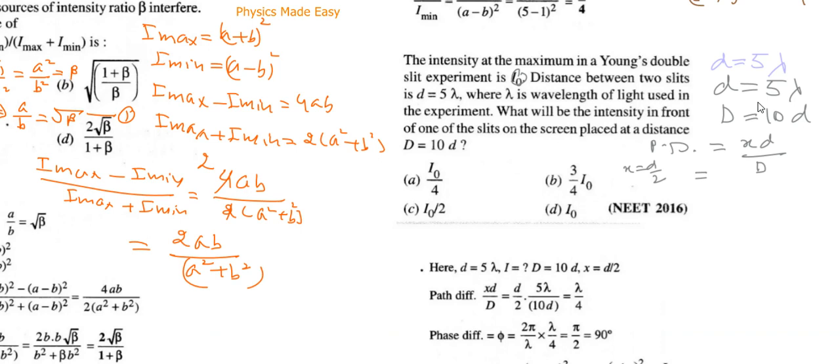X is given to be d by 2. From where did I calculate it? What will be the intensity in front of one of the slits on the screen? In front of one of the slits.